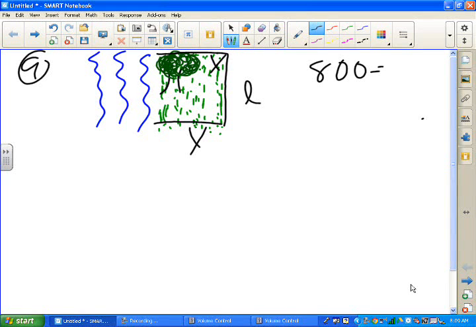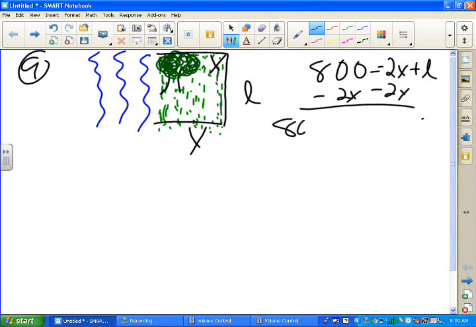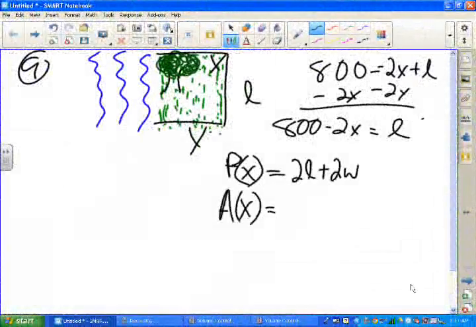So 800 meters equals 2 times x plus L. So now if I take this equation and solve for L, what I need to do is if I subtract 2x from both sides, I now can list L as a function of x. In other words, L will equal 800 minus 2x. So now I have both my width and length in terms of x.